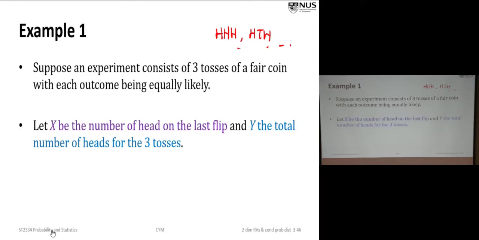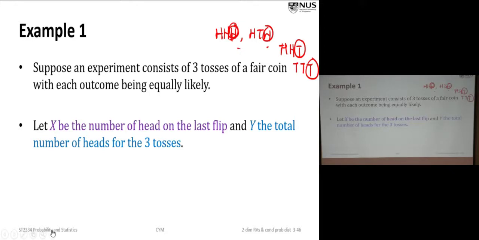So I'm only concerned about the last flip, so it's either 1 or 0. If the last flip is a tail, x equals 0. In this case, x equals 1.